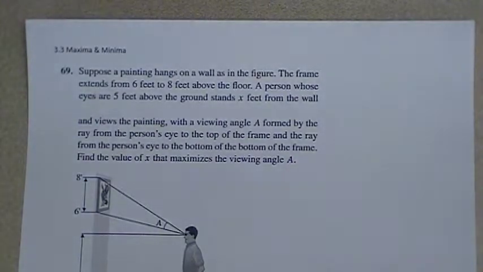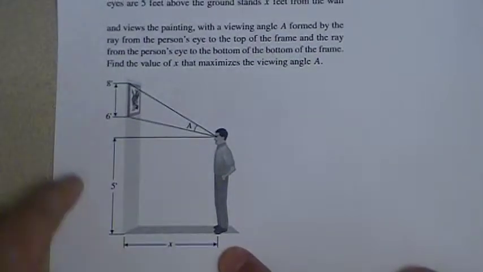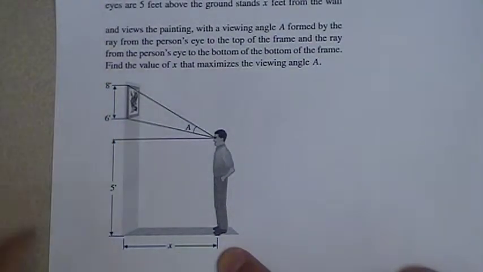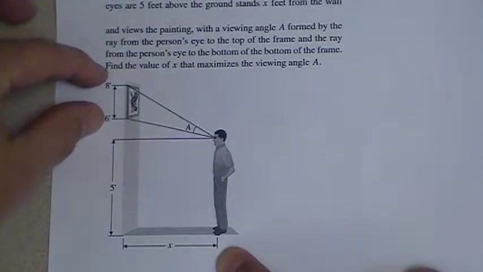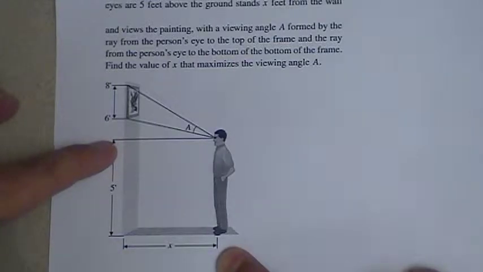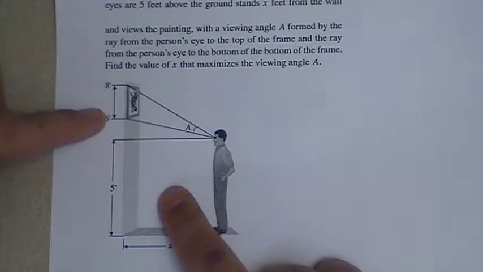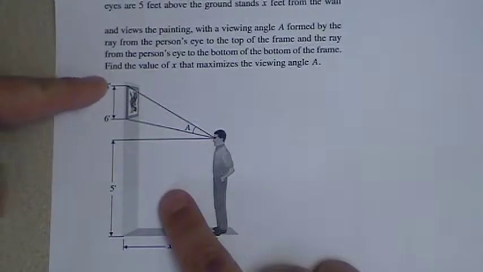In this case, we have someone who's standing X feet from a wall, and they're looking at a painting. We know that the height of the painting is 2 feet, and we know that the person's eye level is 5 feet. So the person's eyes are 5 feet off the ground, the bottom of the painting is 6 feet off the ground, the top of the painting is 8 feet off the ground.